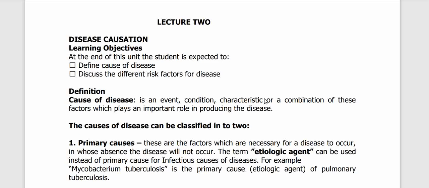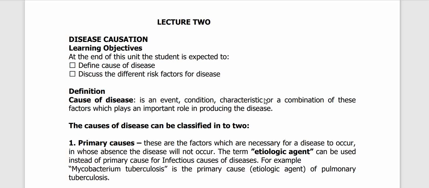The causes of disease are classified into two ways. First, we have the primary causes. The primary causes are the factors which are necessary for a disease to occur, in whose absence the disease will not occur.